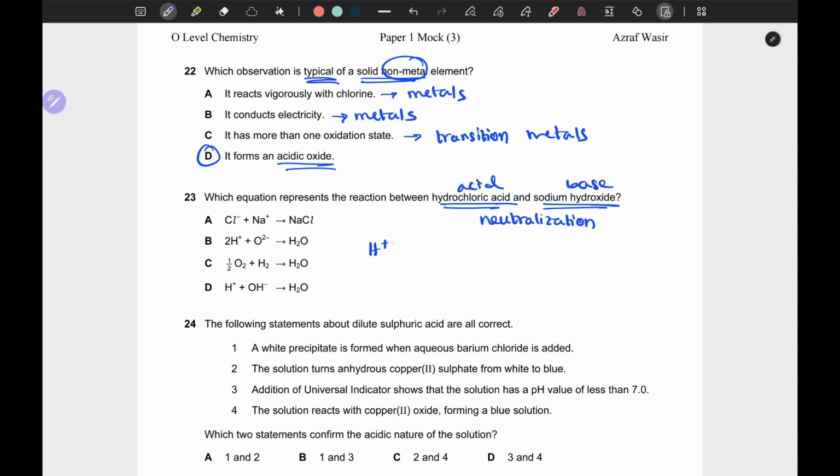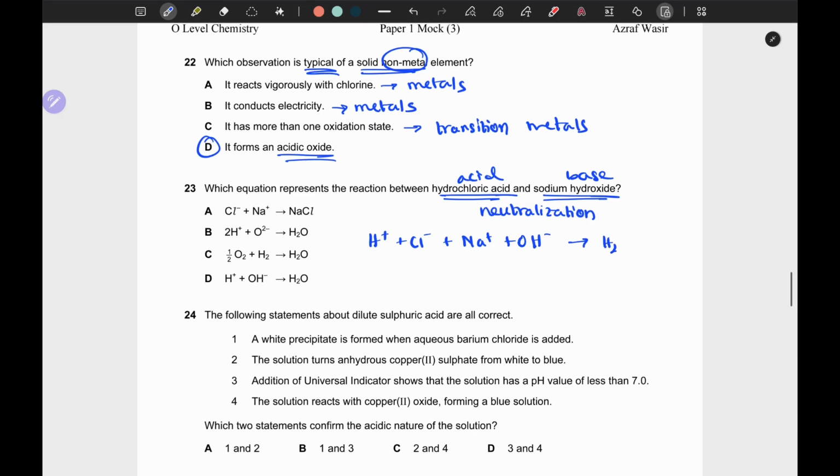So if we try to do that, H+ Cl- plus Na+ OH- forms H2O plus Na+ Cl-. So H2O is in liquid form, and the ions are in their aqueous forms, so if you write aq quickly. And the concept is, if an ion is present on both sides, it's called a spectator ion.